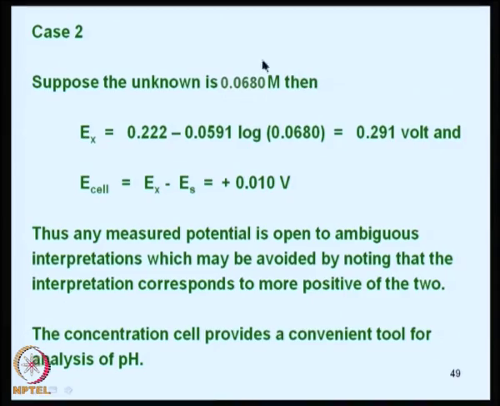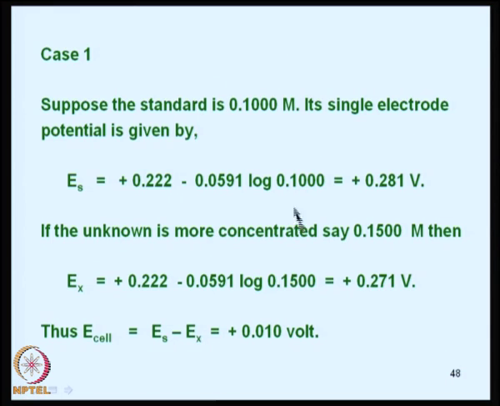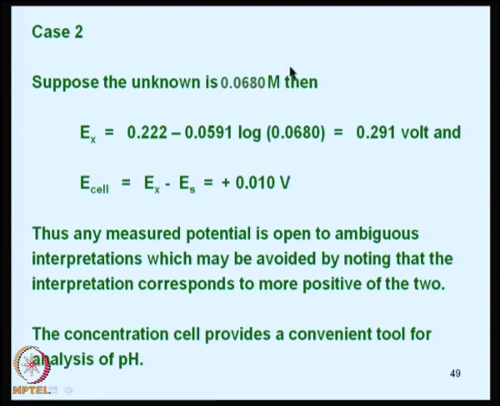Now, imagine I have a solution of 0.68 molar, then I can write a similar equation, and E cell is equal to 0.010 volt. Just go back, for 0.1 and 0.15 you are getting 0.01 volt, and even when the unknown is changed to 0.680, you are still getting 0.010 volt.